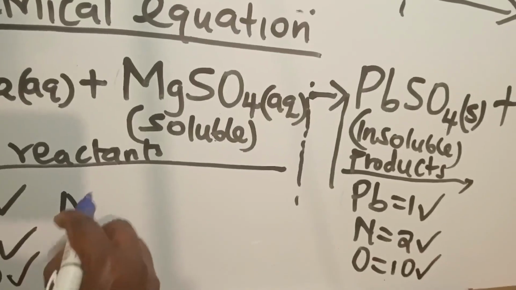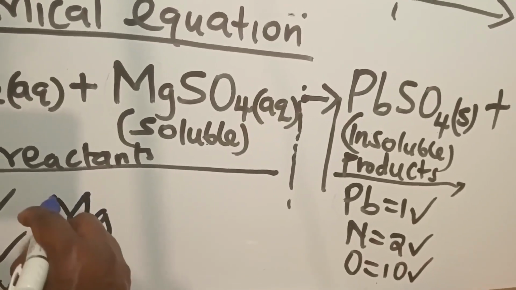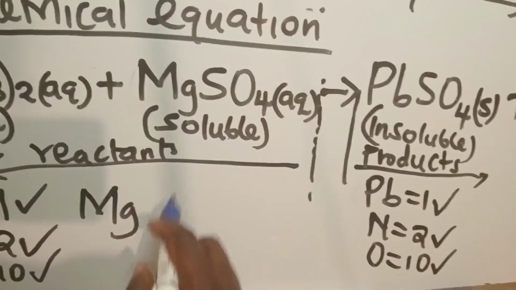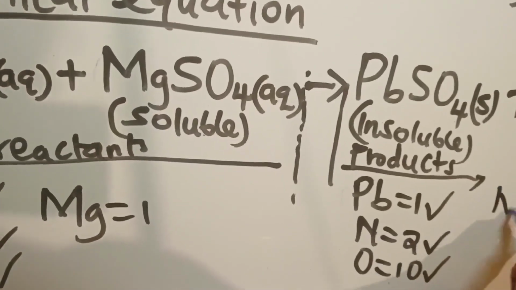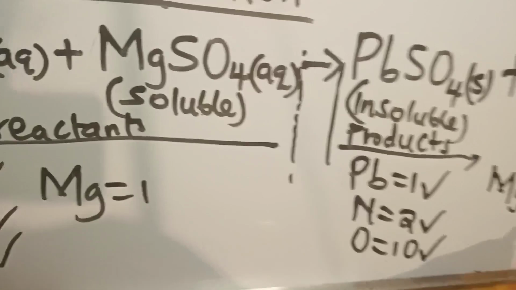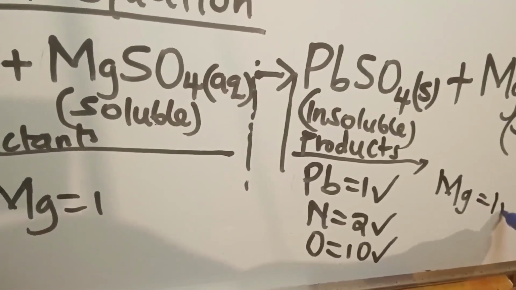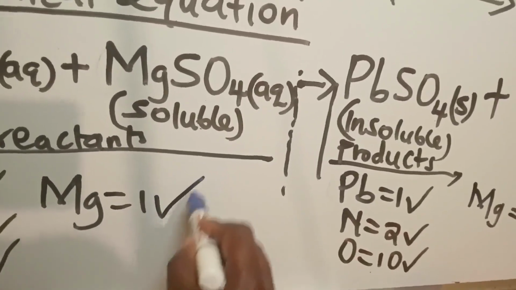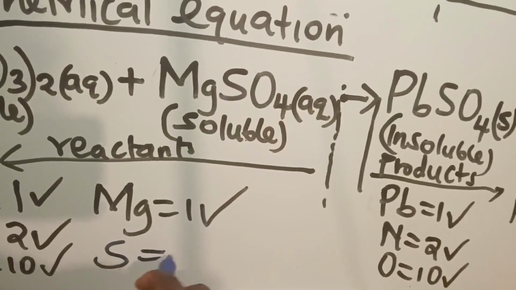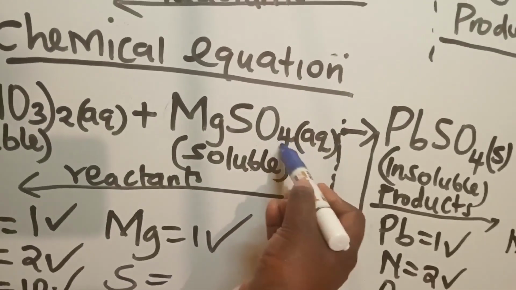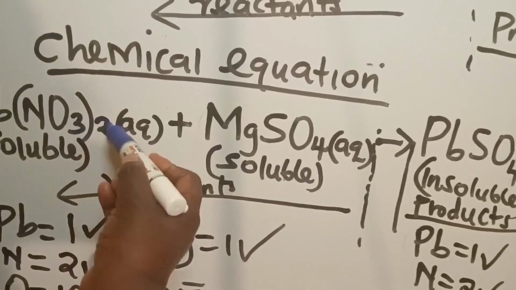Then we go to magnesium, having a sharp corner on both tops. Magnesium is just 1. Going to the product side, we check on magnesium, it is again just 1, so it is also balanced. Finally we have sulfur. We are saying finally because we already took care of oxygen when we were balancing the oxygens.